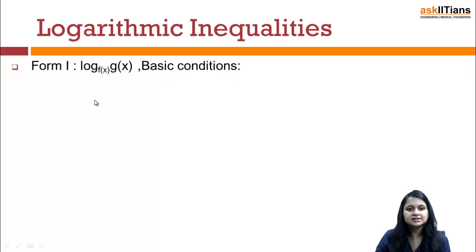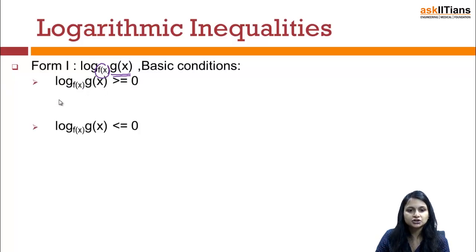Now let's discuss form number 1. I am taking a case wherein I have log g(x) and the base is f(x), because you can have your base as a fixed number or some function in x. Similarly, you can have this number n also as a function in x. So let's see what conditions can be imposed in the question.